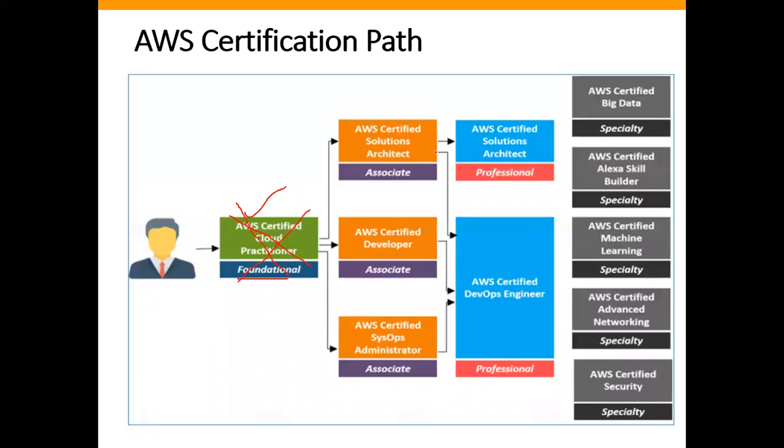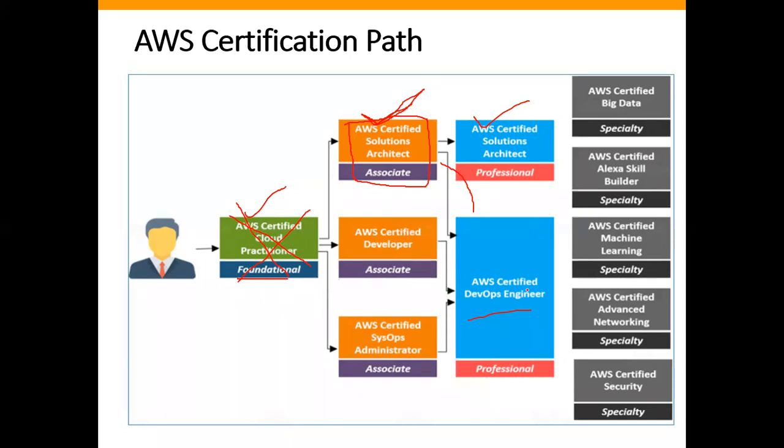After this training, if you want to go for any certification, you can go for the AWS Architect Associate level. After completion of this training, you have two options: one is the professional level, and the other is DevOps Professional. Can I go from AWS Certified Solutions Architect Associate directly to AWS Certified DevOps?